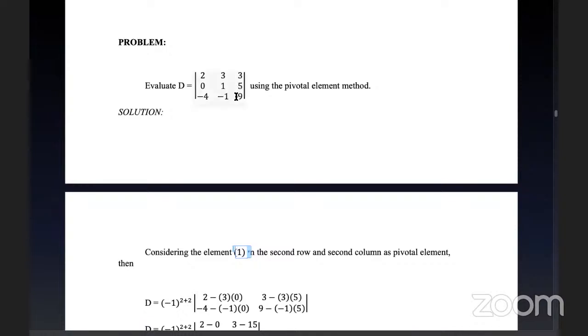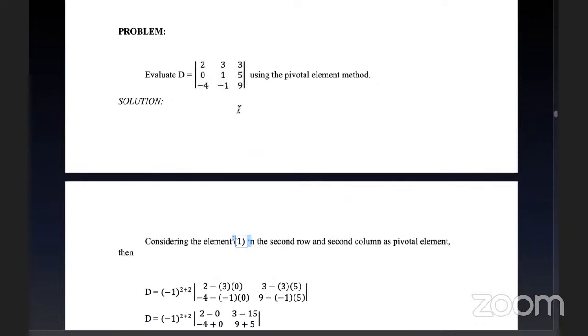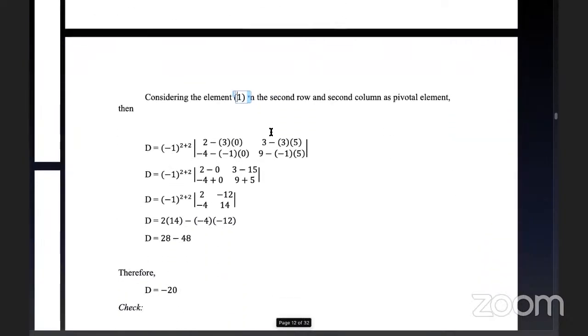Yung product pala nila. Tama. So ito 0 times 3. So 2 minus 3 times 0, -4 minus -1 times 0. Ayan. And then itong element na to, 3 minus 3 times 5, and then 9 minus the product nito, -1 times 5. And then you have a 2 by 2.